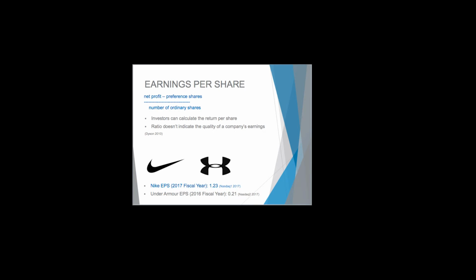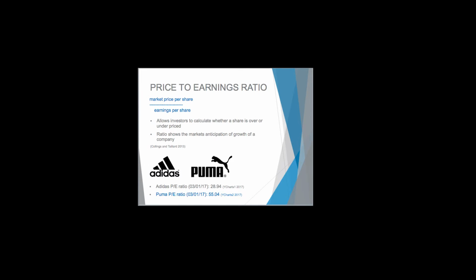business. If an investor wants to calculate whether a share is over or underpriced, they can use the price to earnings ratio. This simple calculation is market price per share divided by the previous ratio, earnings per share. According to Collins and Taylard, this ratio shows investors what the market anticipates the growth of a company to be.